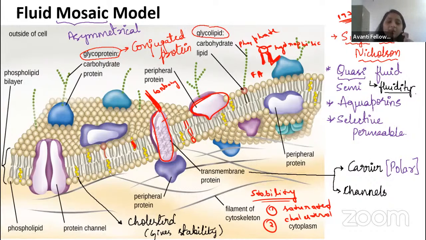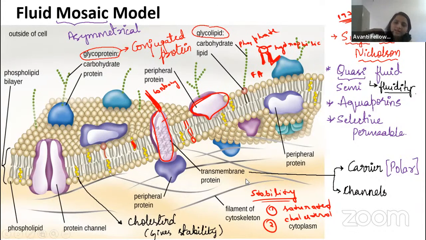A glycolipid. Remember, guys, if it is attached to the lipid, it is a glycolipid; if it is attached to the protein, it is a glycoprotein. So what have we studied here? In the phospholipid bilayer, we have the protein, the phospholipid, the glycoprotein, cholesterol, and the glycolipid. Okay, guys, did you understand this?